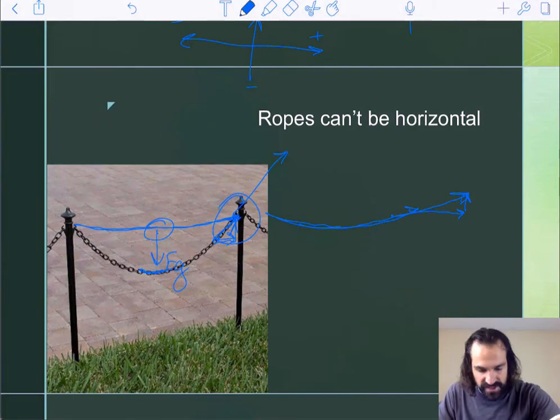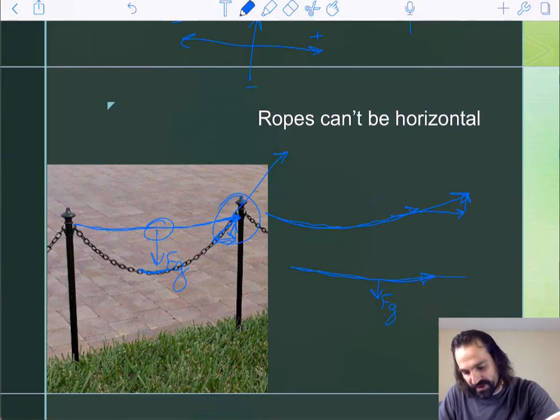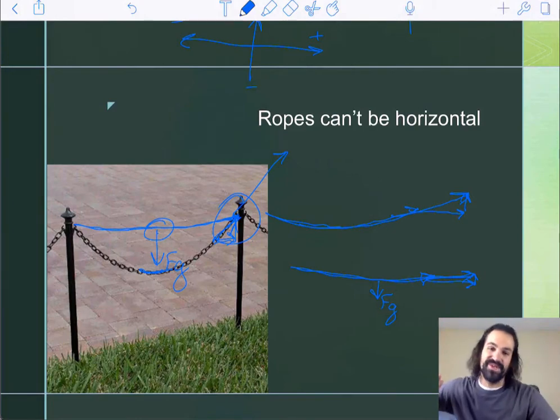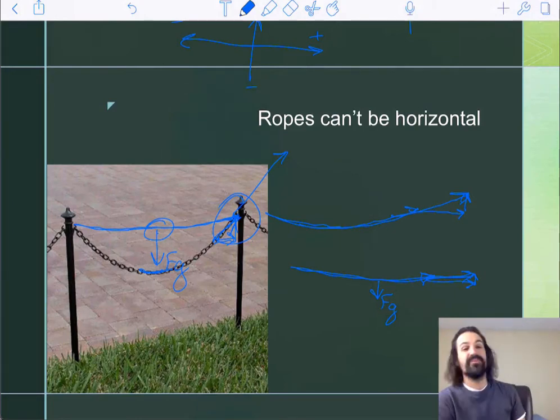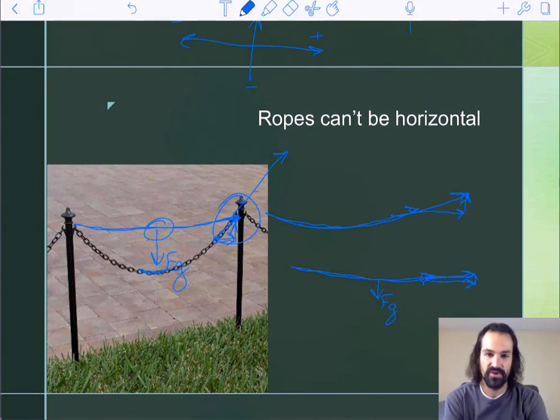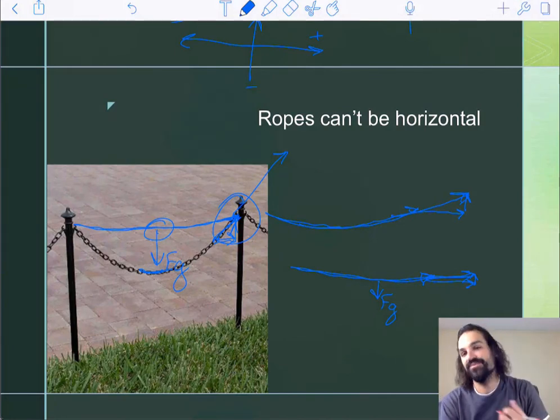And eventually you get to this point where it's nearly horizontal, but you can't quite get it completely horizontal because you're always going to have a vertical force of gravity. So no matter how hard you pull a chain or rope, you can never get it completely horizontal. And I just think that's neat.